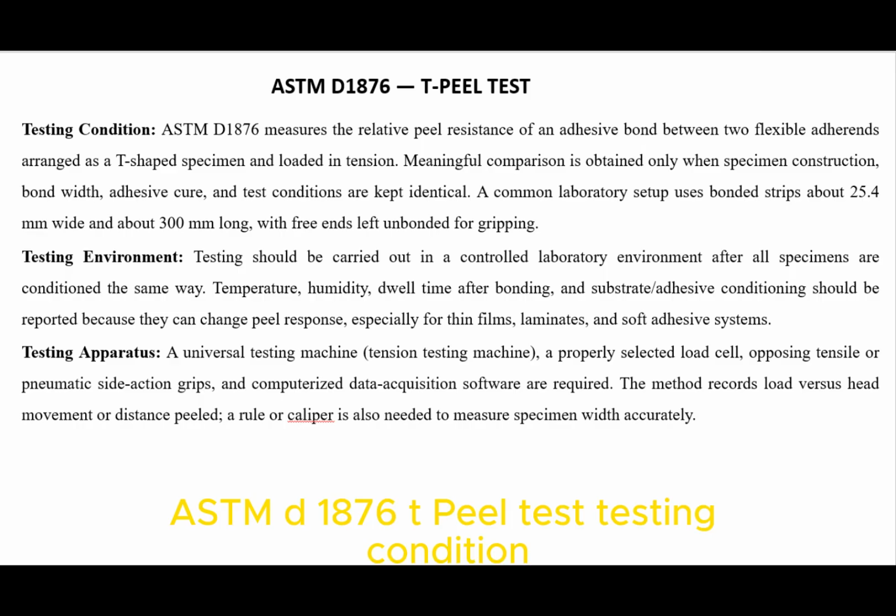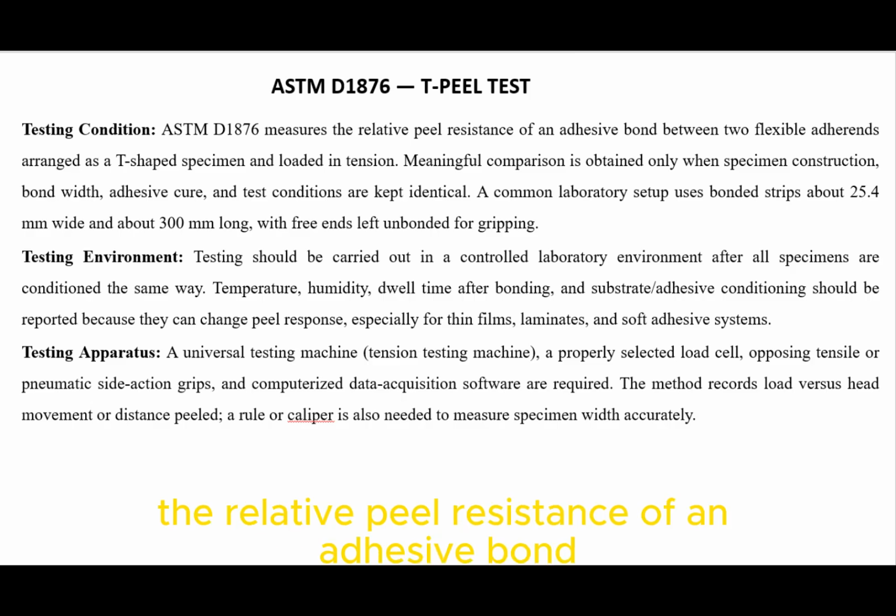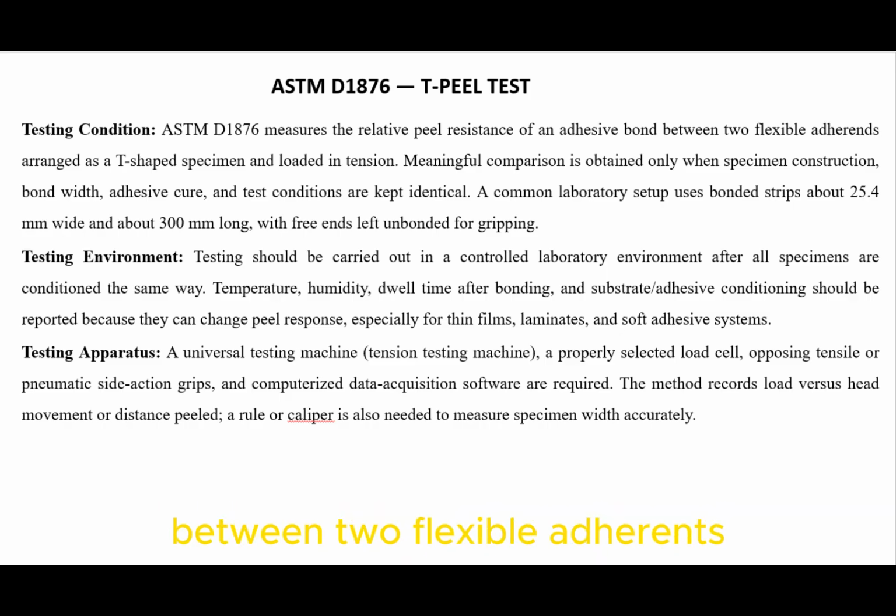ASTM D1876 T-peel test. Testing condition. ASTM D1876 measures the relative peel resistance of an adhesive bond between two flexible adherents arranged as a T-shaped specimen and loaded in tension.